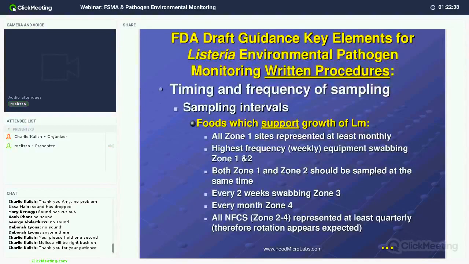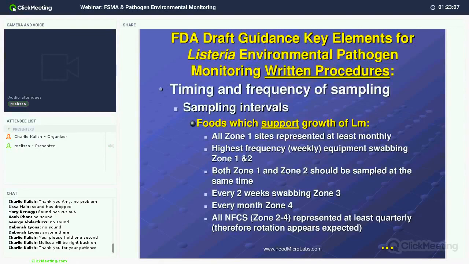What they say for a food that supports the growth of Listeria is that every 2 weeks, zone 3 swabbing needs to be performed. And what they say is that zone 4 has to be performed every month. There has to be zone 4 sites sampled. They say that all non-food contact surfaces, inclusive of zones 2 through 4, need to be represented at least quarterly.